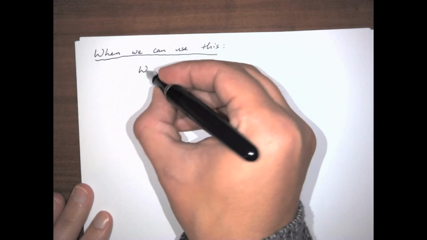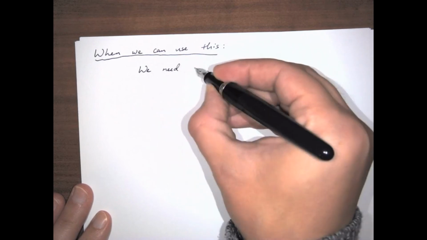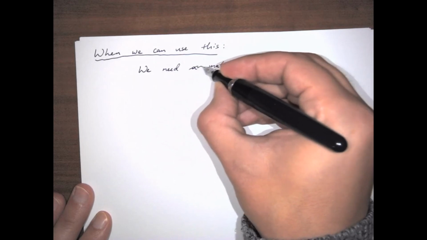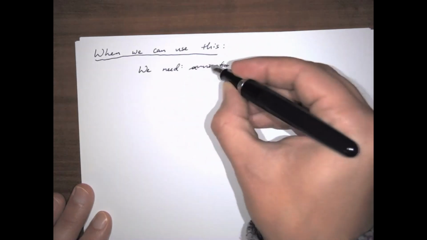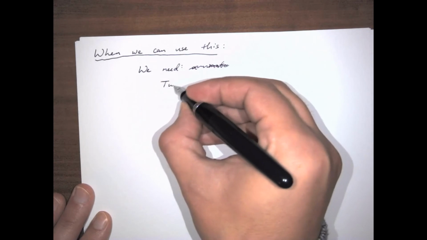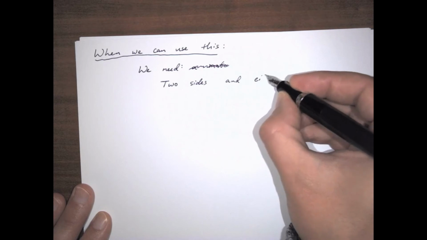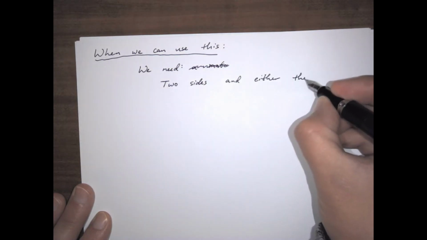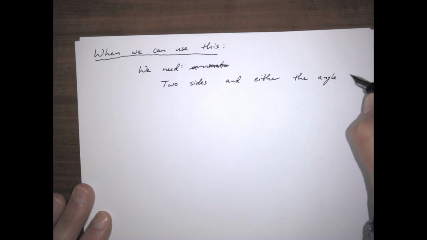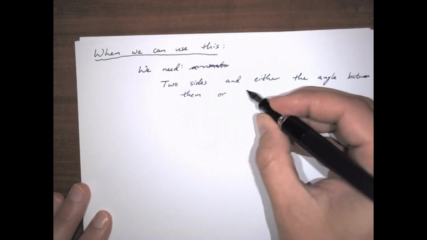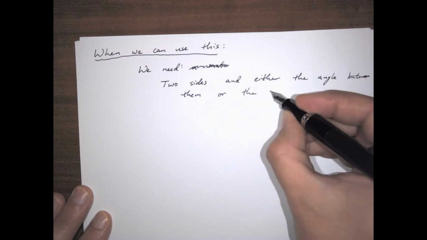And to do that, what we need is 2 sides and either the angle between them or the other side.